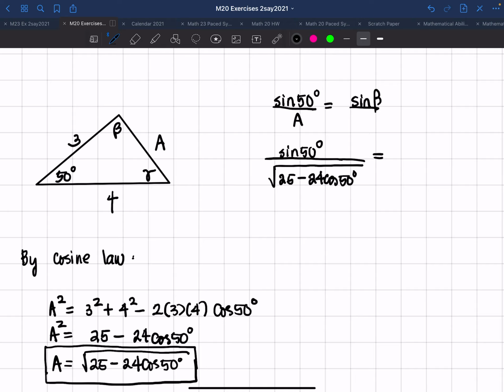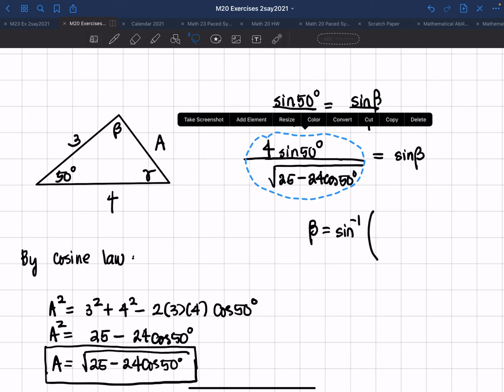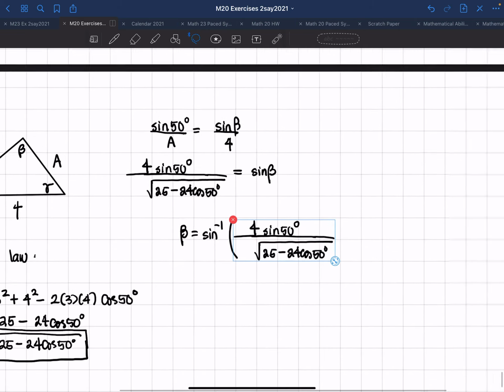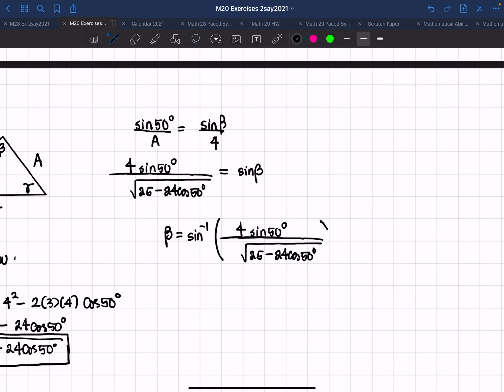Or sin beta, multiply ko na both sides by 4. So, beta is sin inverse nitong thing na to. Yung malaking thing na yan. Okay. Pwedeng iwanan nyo na ganyan yung sagot kasi number lang naman yan.